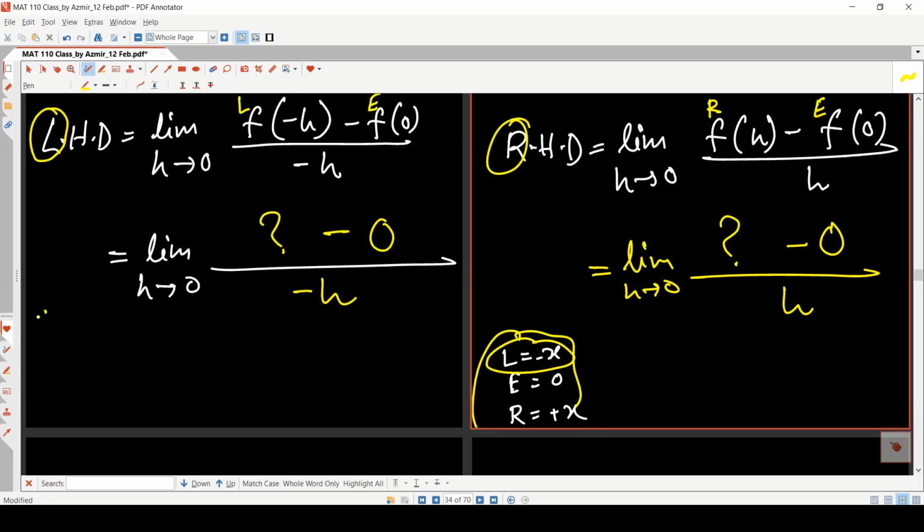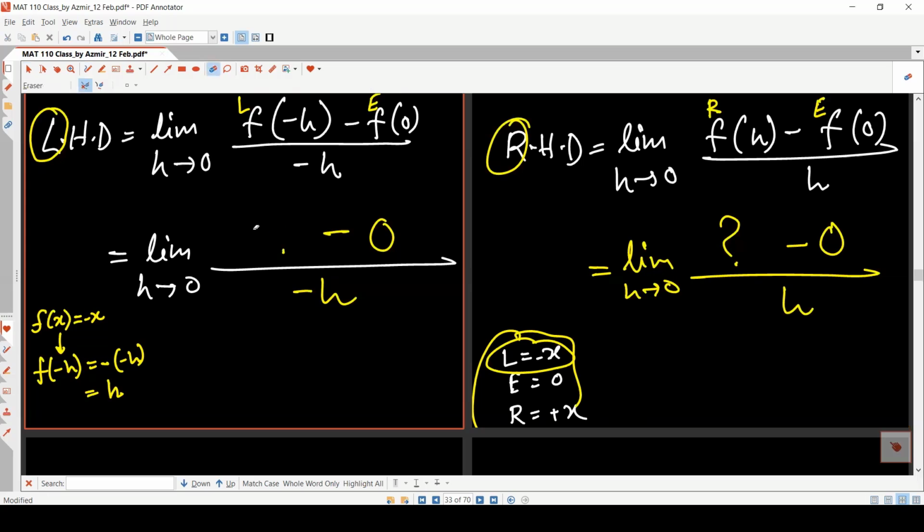That means f of x equals minus x. So from here, we have to find f of minus x. Where we have x, we are plugging minus x. Minus minus is plus x. So f of minus x will be plus x.